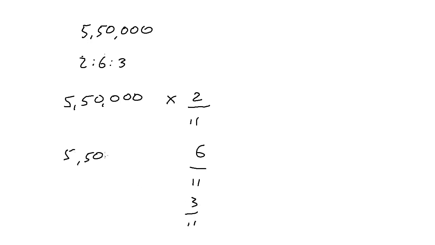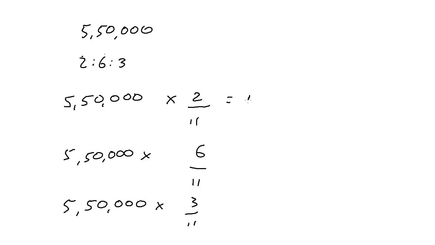But for the rest, add the numbers. 2 plus 6 gives you 8 plus 3 gives you 11. Okay, so you have to take 5,50,000 and multiply it into 2 by 11, 6 by 11 and 3 by 11. Okay, so everywhere it's going to be 5,50,000 into, and if you notice 5,50,000 is divisible by 11, so life becomes easy.